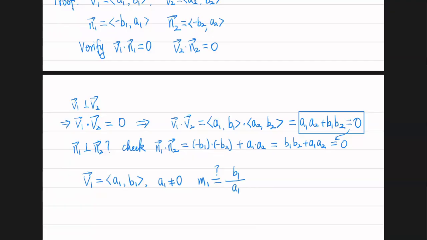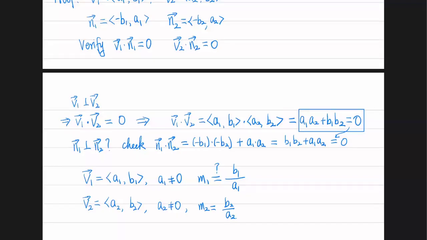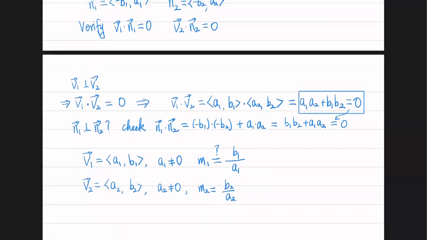Similarly, for the second direction, A2, B2, where A2 is not 0, the slope is B2 over A2. M is the slope, right? Yes.